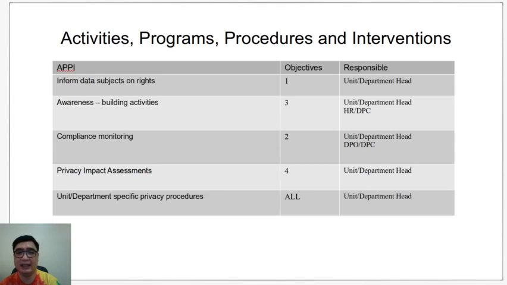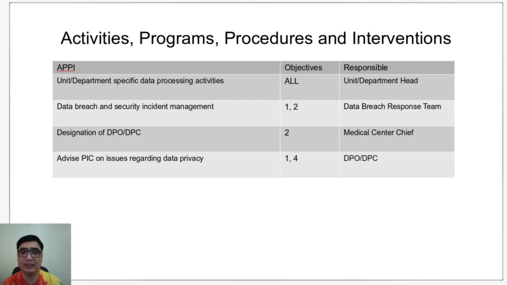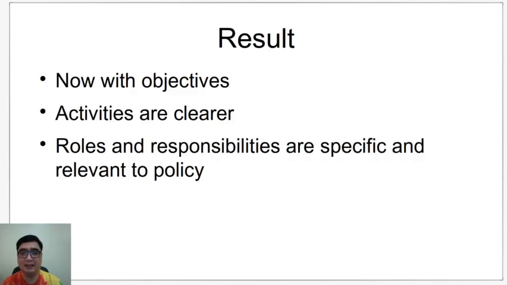So you can identify who is responsible for a specific activity. Okay, so data breach and security incident management is handled by the data breach response team. As an example, the designation of a data protection officer and data privacy committee is under the role of the medical center chief, etc.